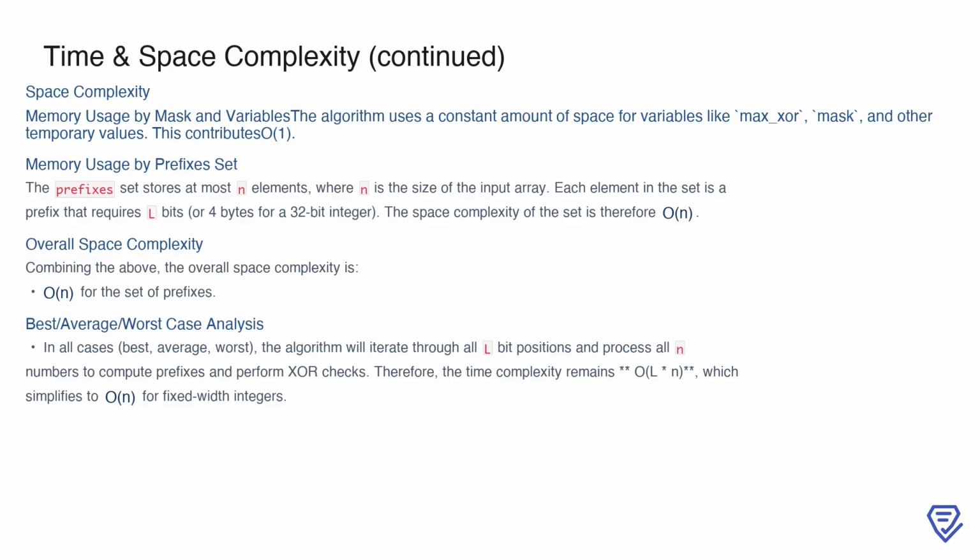For 32-bit integers, each prefix requires 4 bytes, so the space complexity of the set is O(n). When we combine these factors, the overall space complexity of the algorithm is O(n). Since the algorithm processes all L bit positions and all n elements in every case, whether best, average, or worst, the time complexity remains O(L*n), which simplifies to O(n) for fixed-width integers like 32-bit numbers.